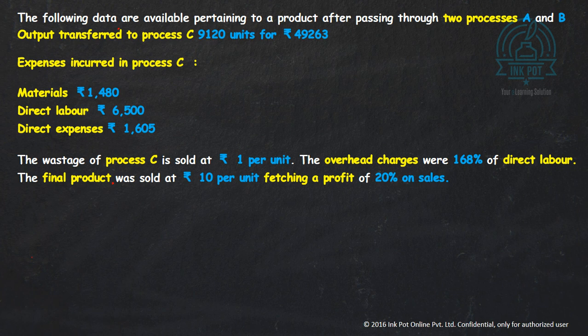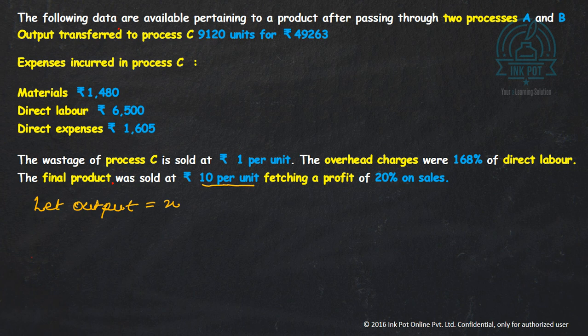Now let's do this question. We are given that, as we don't have units of output, I am assuming let output be equal to X. Now we know that the selling price is 10 per unit.